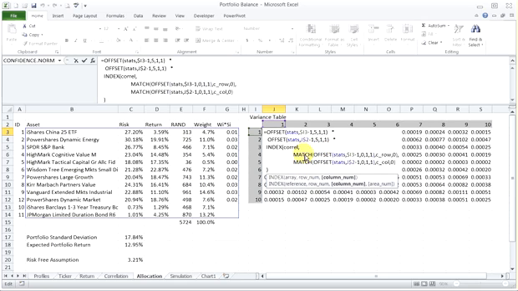So what it does is, first of all, it looks up the name that we want to work with in our portfolio allocation. And then on the correlation table, I've named two new ranges, the headers and the left columns, so the top row and the leftmost column.